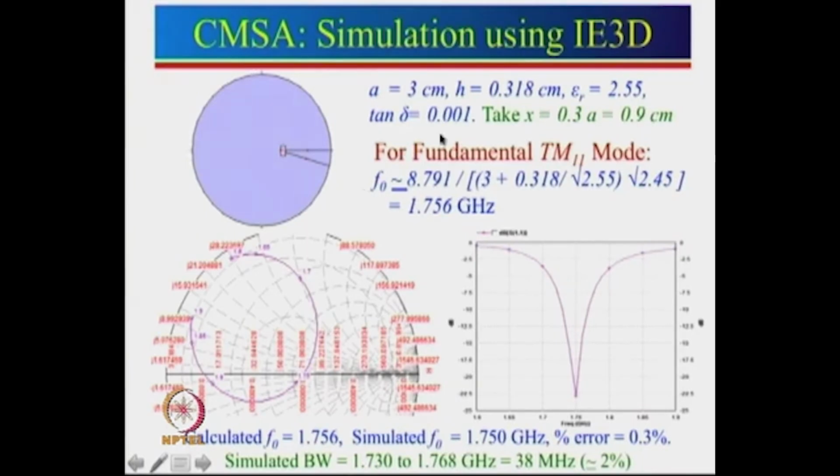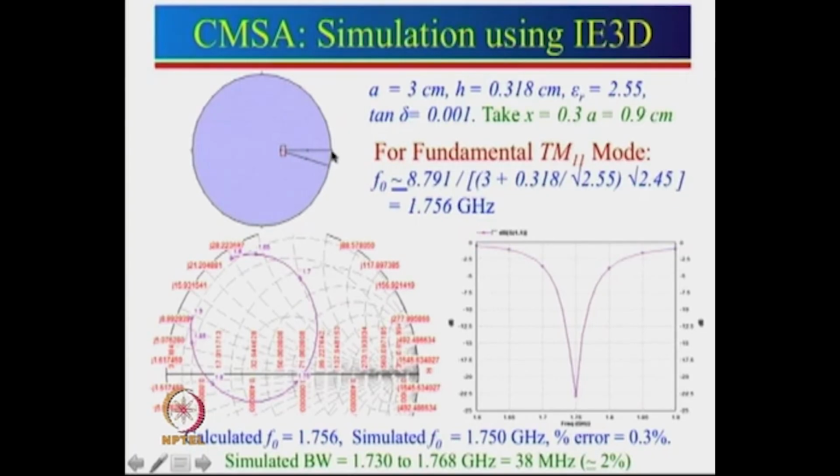Now imagine a rectangular microstrip antenna. In the case of the rectangular microstrip antenna fundamental mode, we had a voltage distribution which was uniform along the width, and along the length the variation was from plus to 0 to minus. Now you can think of this as an approximation.